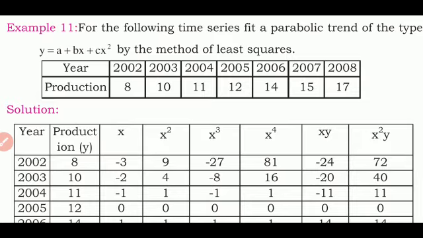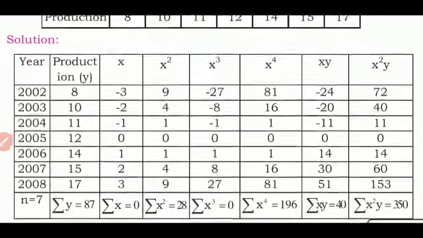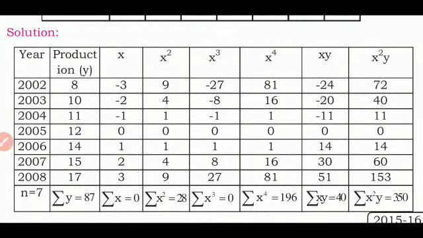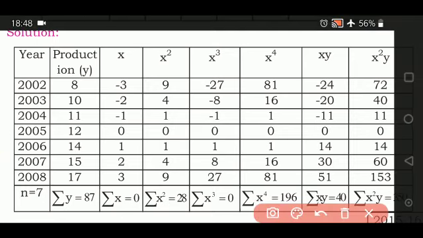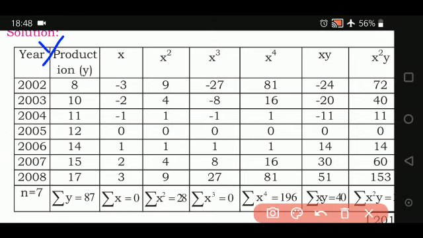Now as I already told you all, the normal equations are the ones which help you to make the columns. Let me write the normal equations. This is our quadratic equation, a plus bx plus cx square.